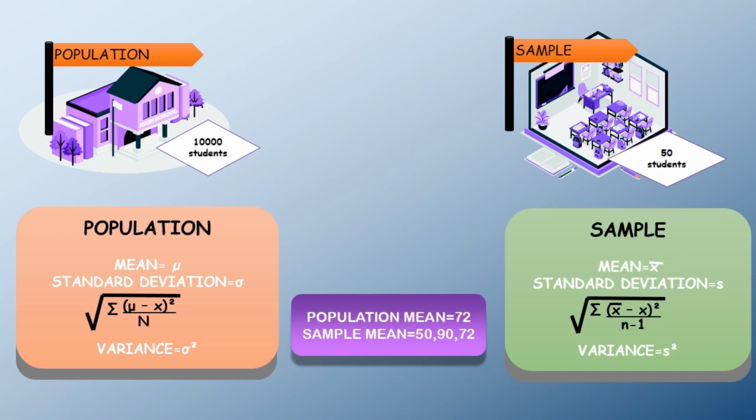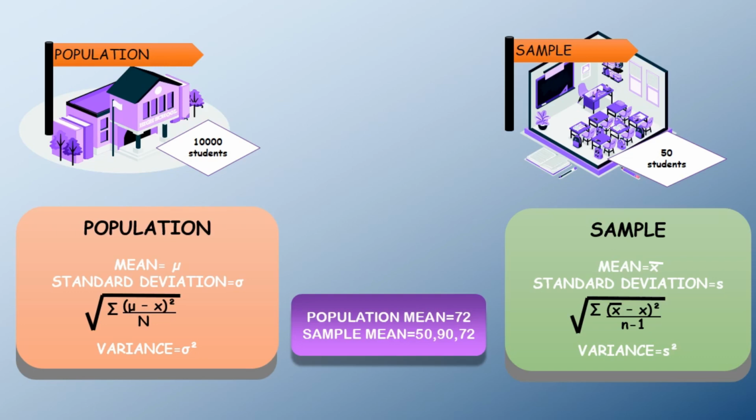That I will explain later. Here also, for population the N will be capital and for sample the n will be small. Variance will be the square of the standard deviation. So for population variance will be sigma squared and for sample it will be s squared.